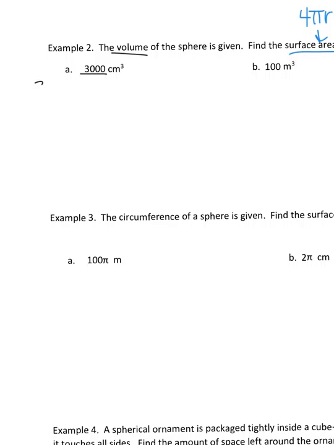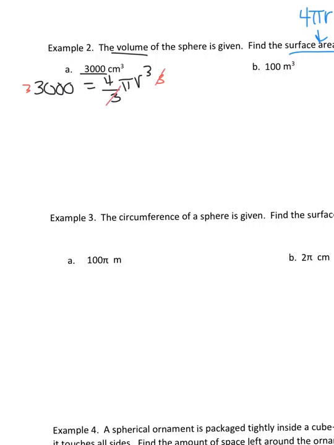So if we know the volume is 3,000, we know that 3,000 has to equal 4/3 pi r cubed. So now I'm going to solve for r. To solve for r, I'm going to multiply both sides by 3.